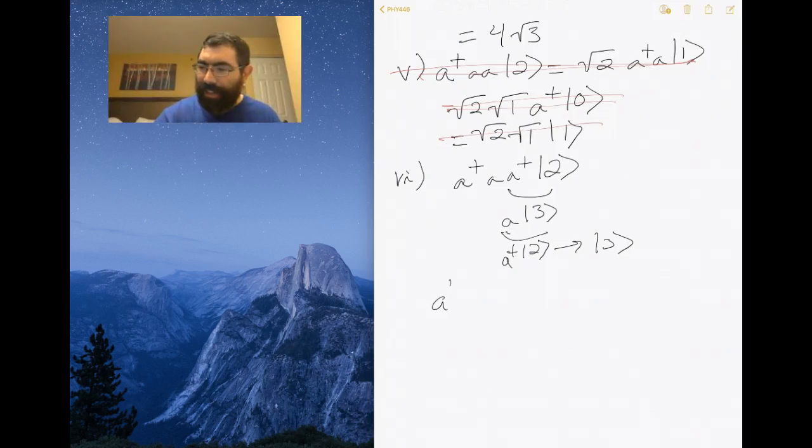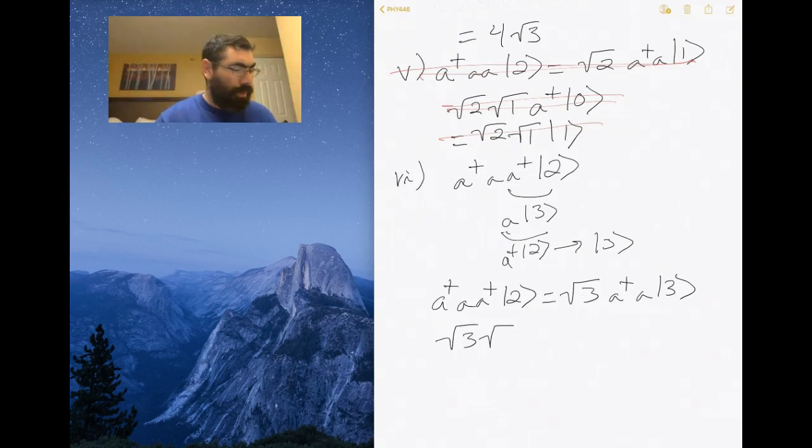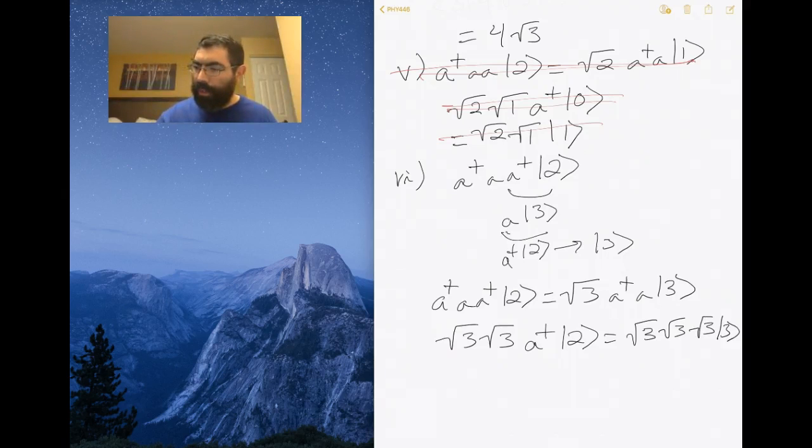So A dagger A dagger state number 2 gives me square root of 3, A dagger A on the third state, square root of 3, square root of 3, A dagger on the second state, and then raising it back up, I get the square root of 3, square root of 3, square root of 3 on the third state. So I get a 3 times the square root of 3 on the left with the third energy level. So this one's a keeper.